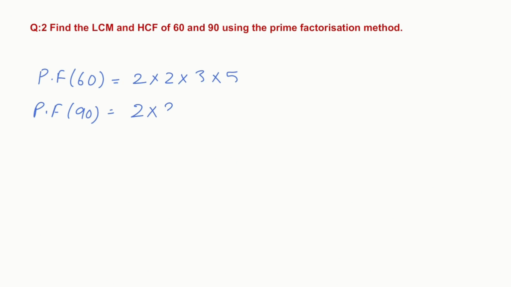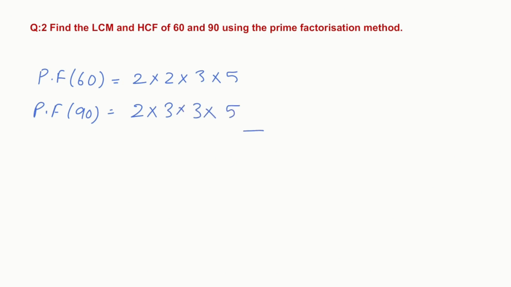So here we have our next example. Find the LCM and HCF of 60 and 90 using the prime factorization method. So first I am going to write the prime factors for 60, which is 2 times 2 times 3 times 5, and the prime factors for 90, which is 2 times 3 times 3 times 5.